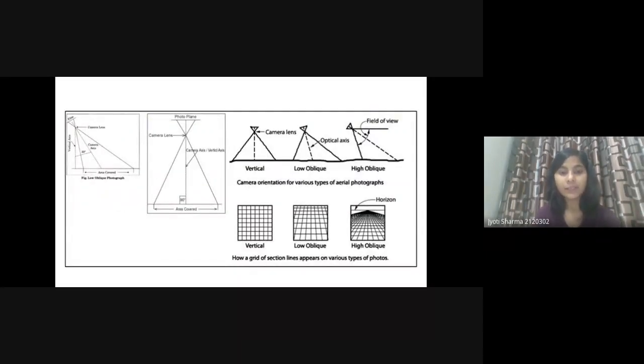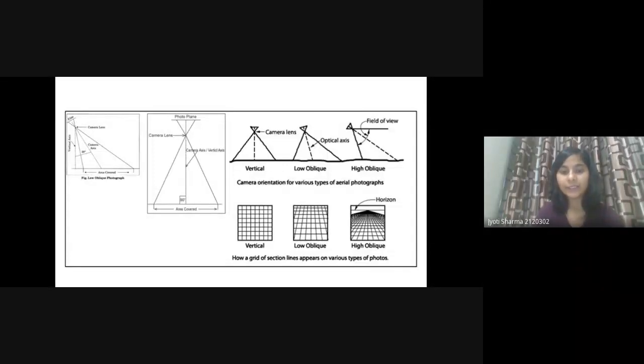Okay, here we can see this is our camera lens. Whenever the camera lens is just vertical to the object, or let's say perpendicular to the object, then we will call it vertical. Then if our lens has some angle with the object, then this is the low oblique, and if this angle is higher, then this is the high oblique.